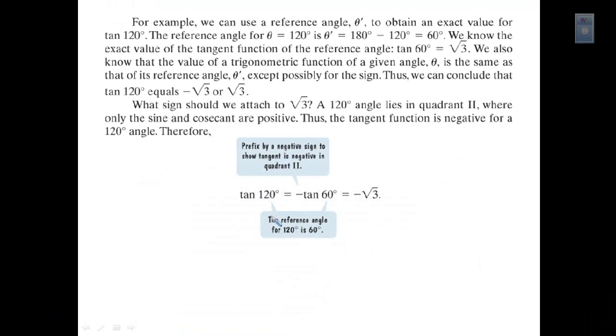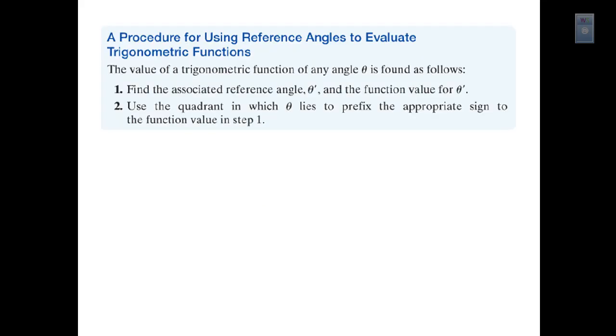Now, a procedure for using reference angles to evaluate the trig functions is that you can find the trig function of any angle theta as follows. Find the associated reference angle theta prime and the function value for that theta prime.